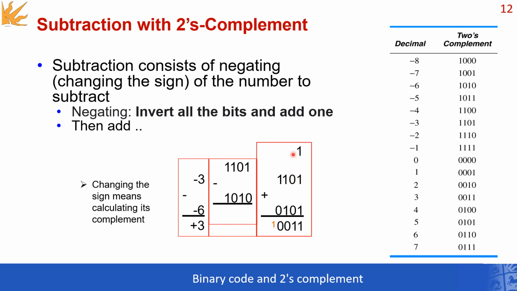Then you had a carry before that, so 1 plus 0 gives you a 1 over here. So 1 plus 1 and no carry gives a 0 plus a carry. 1 plus 0 plus the carry gives you a 0 plus a carry that you are going to neglect. So 0, 0, 1, 1, based on this table over here, is 3, which is the expected result.